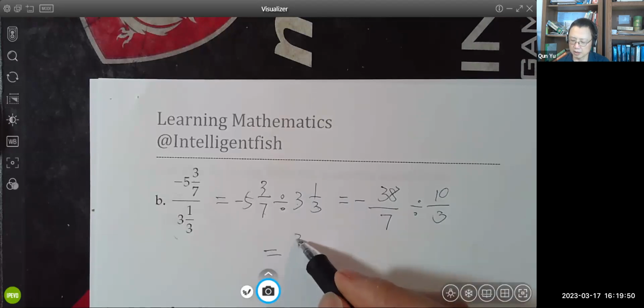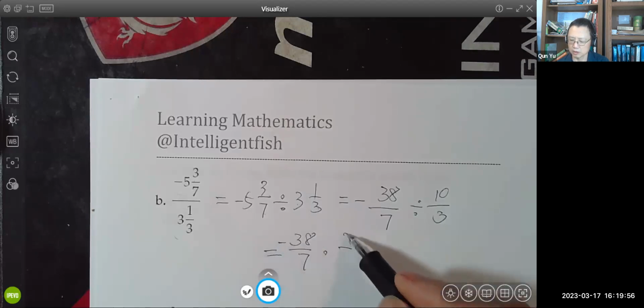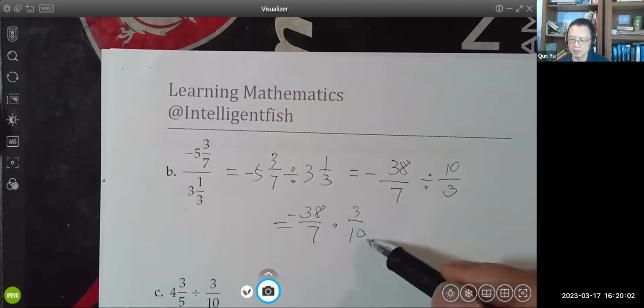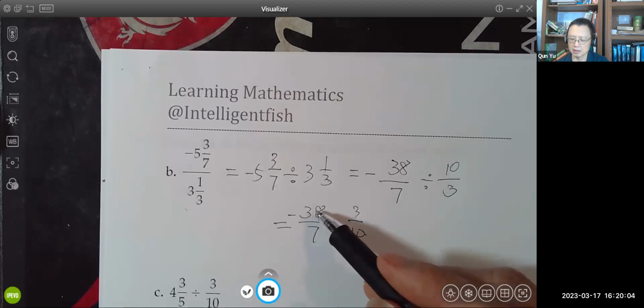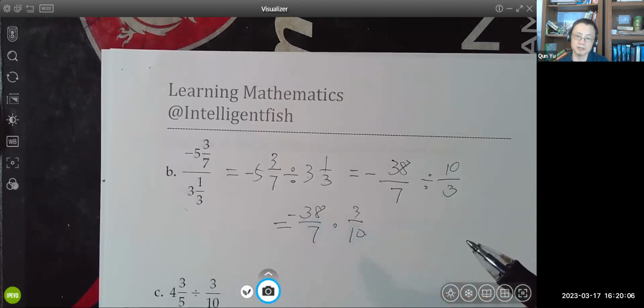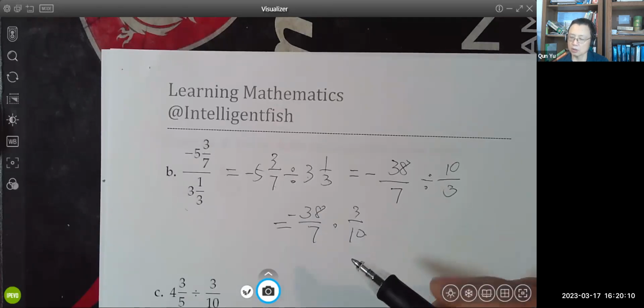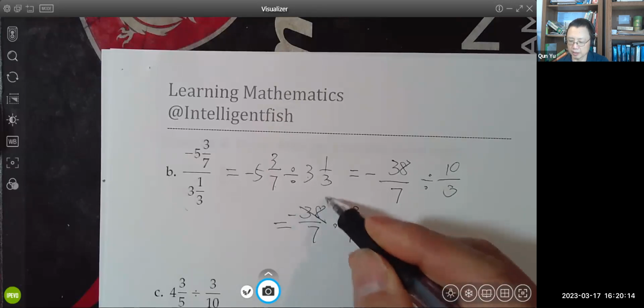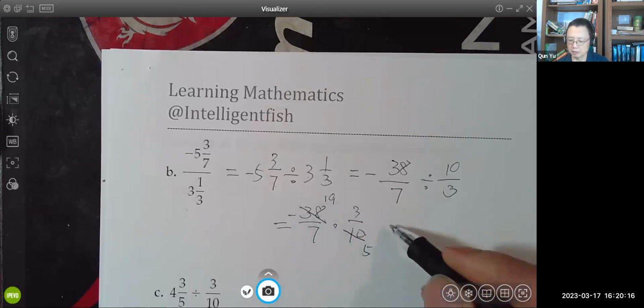I get 38/7 times negative times 3/10. Now apparently 3 and 7 cannot be simplified. And 10 and 38 at least both can be divided by 2 because both are even numbers. So I get 5, I get 19, and nothing else can be simplified.